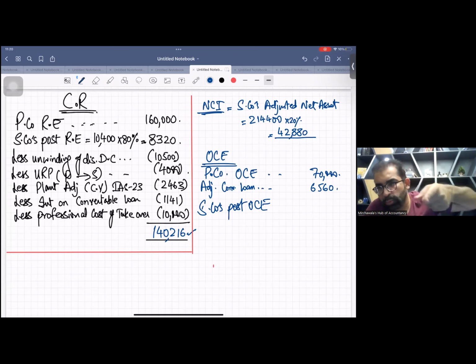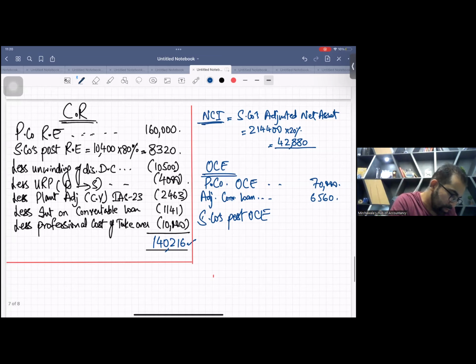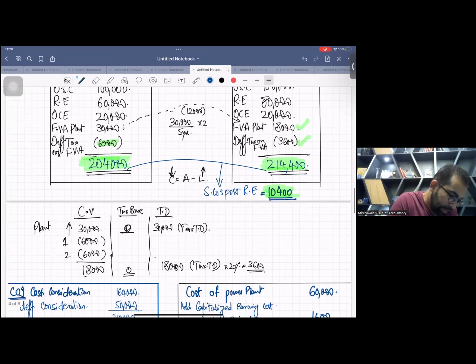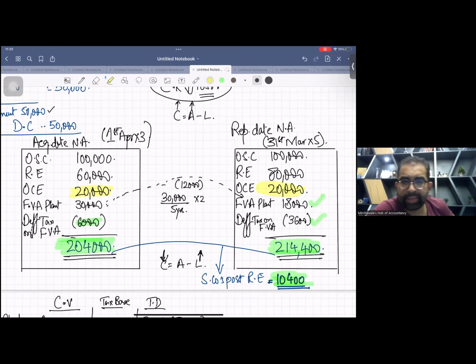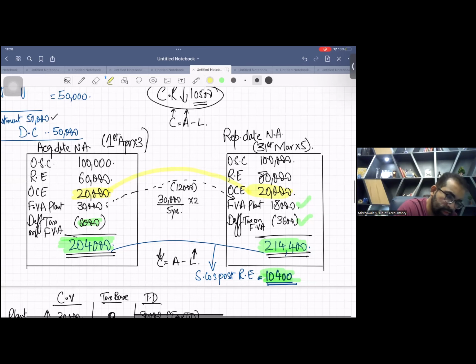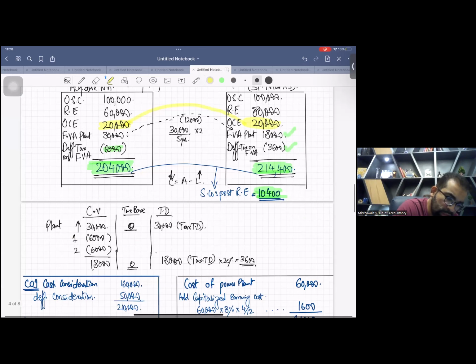Acquisition date OCE was 20,000 and reporting date was also 20,000. See these packets. Both are 20, same. So no change. So nothing will come.